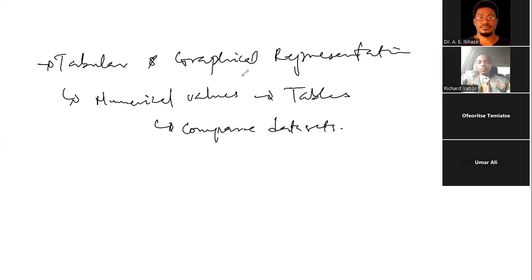So you want to use tables. And then when you have to deal with trends and you want to look up relationships, you want to use graph, right? When you're looking up trends and relationship, you want to use graph.